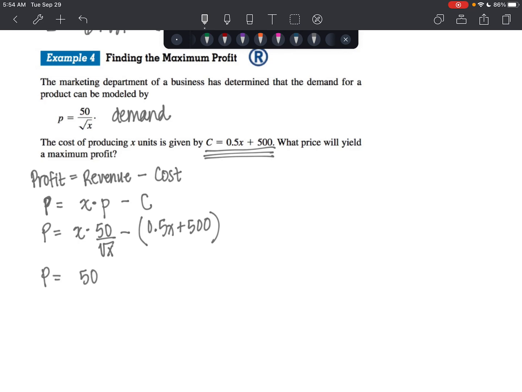Profit is equal to 50 times the square root of x minus 0.5x minus 500. We want to maximize profit, so I have to find the first derivative, but I'm going to need to eventually find the price that's going to yield the maximum profit.